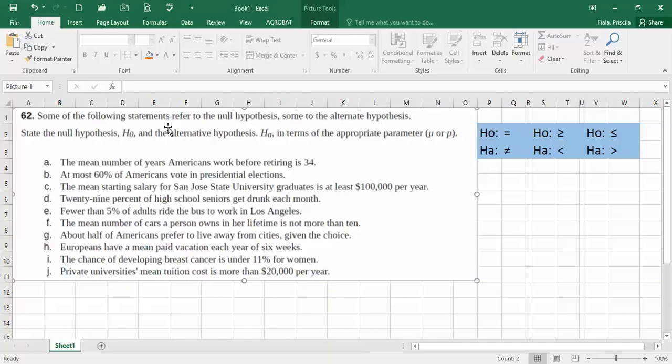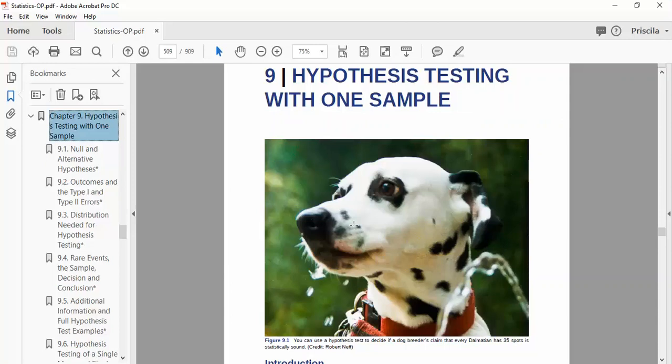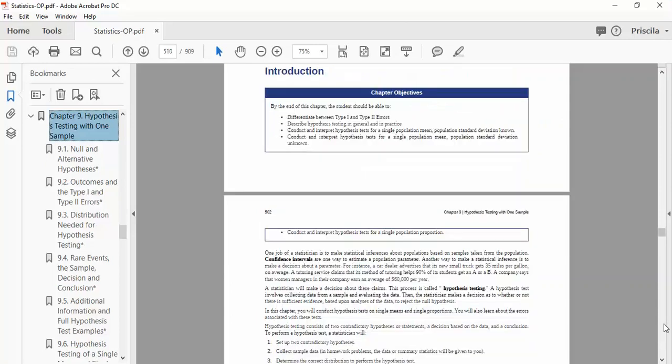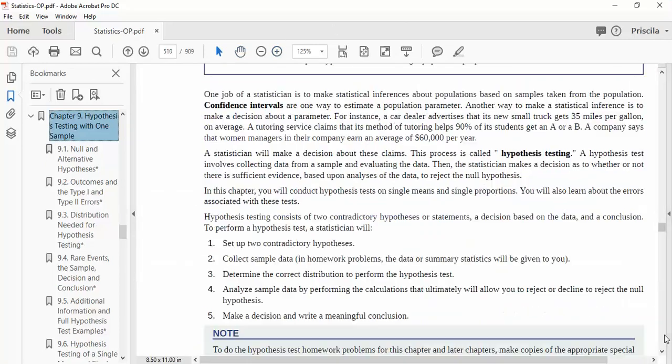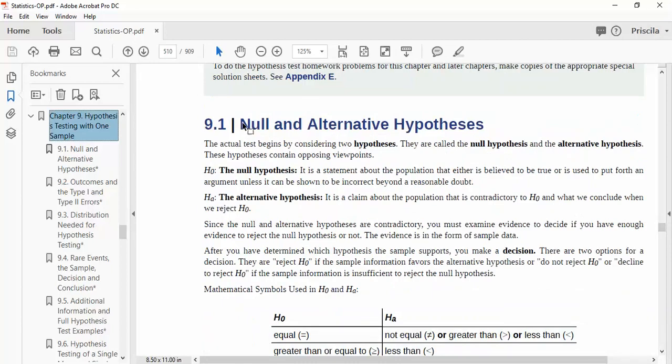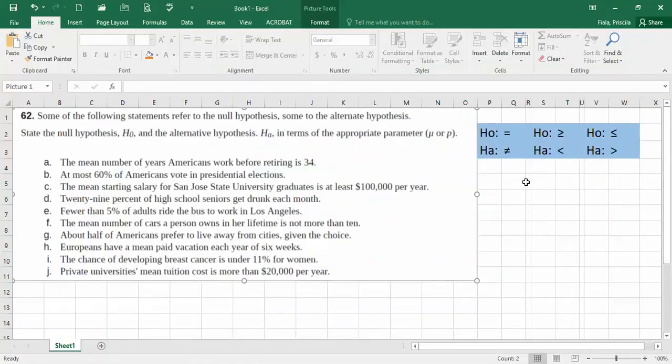Some of the following statements refer to the null hypothesis, some to the alternate hypothesis. Okay, and if we go to your book, you can see how they all call it null and alternative hypothesis. That's why you heard me saying alternative hypothesis.